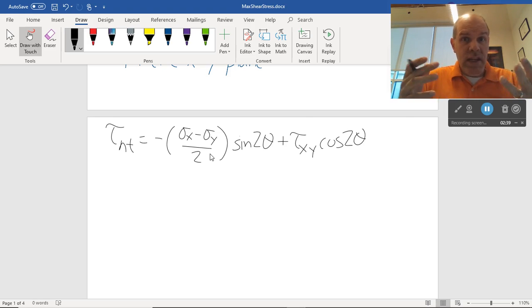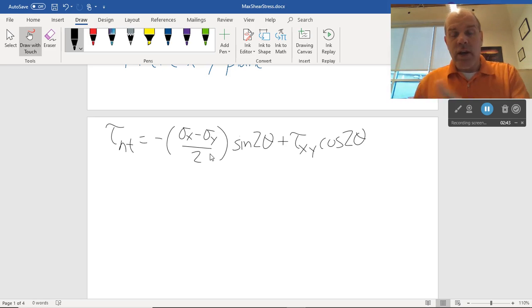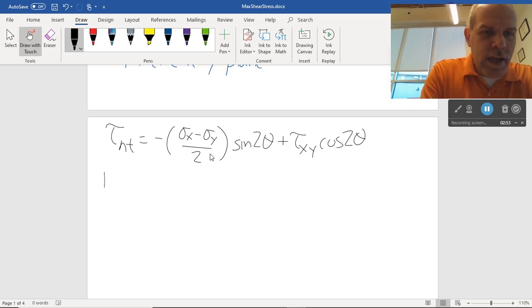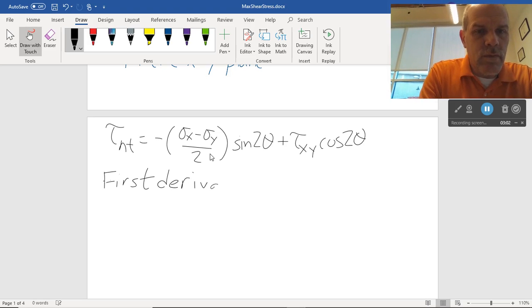Last time, what we did to find the principal stresses is we used the first derivative test, right? Calculus says we have the maximum or the minimum where the derivative is equal to 0. It's no different. Let's do it again, right? So let's take that first derivative. Let's apply that little first derivative test here.